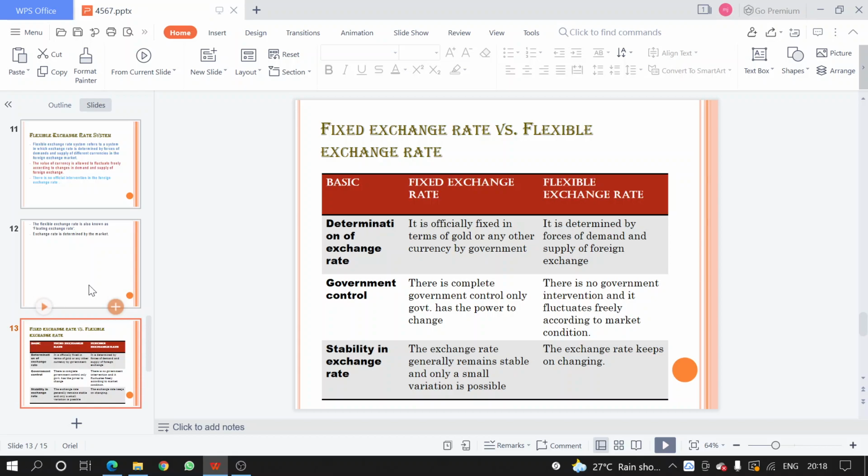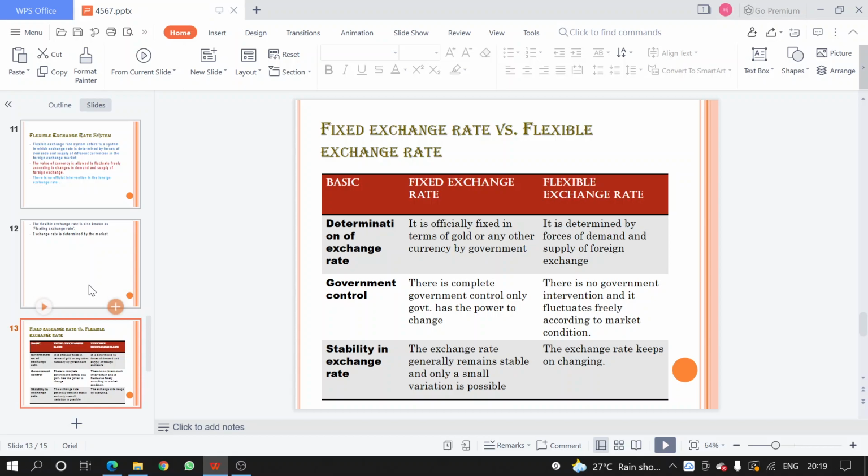The fixed exchange rate is totally controlled by the government, and in the flexible exchange rate, there is no intervention and it works freely through the demand and supply forces. Now, the fixed exchange rate generally remains stable and only a small variation is possible, and that too is done by the government.